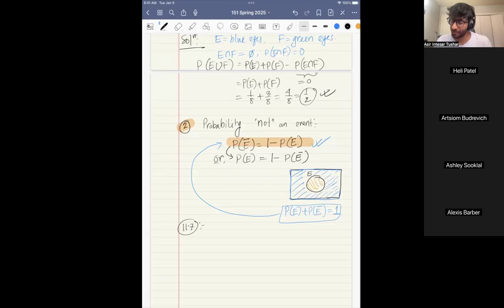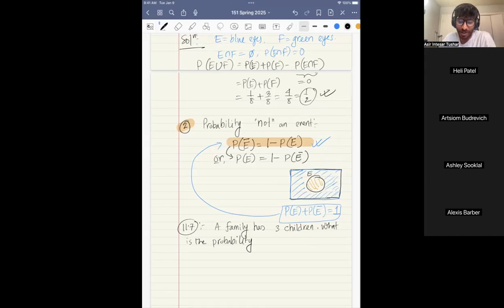A family has 3 children. What is the probability? This problem can be solved in other ways too, but we're going to use this "not E" property. And sometimes this is easier for a probability problem.